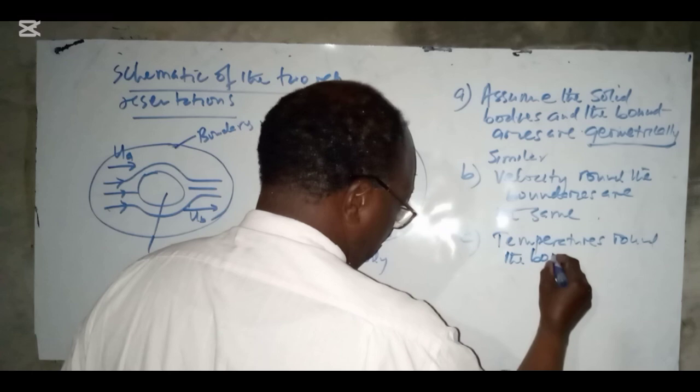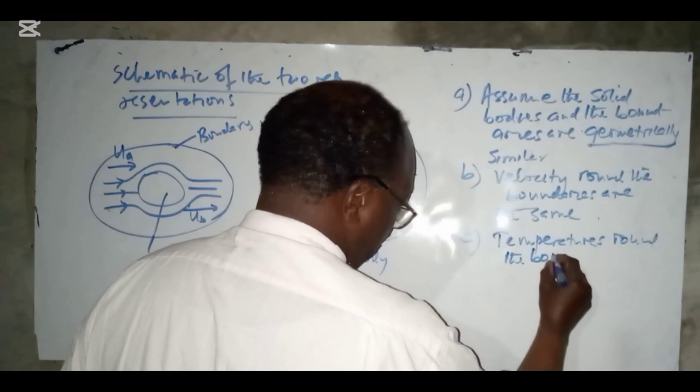We are saying the velocities are the same when the Reynolds numbers in the fields are the same.